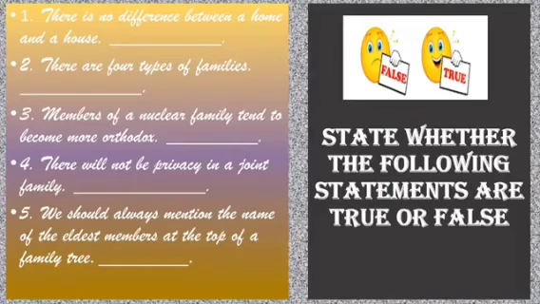Third, members of a nuclear family tend to become more orthodox. Fourth, there will not be privacy in a joint family. Fifth, we should always mention the name of the eldest member at the top of a family tree.